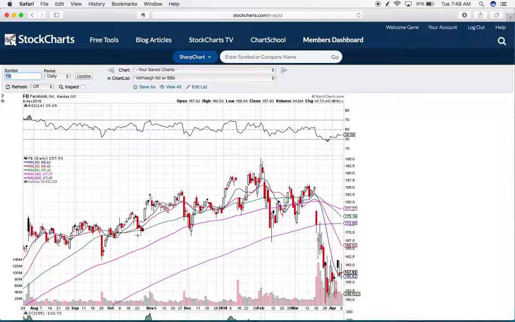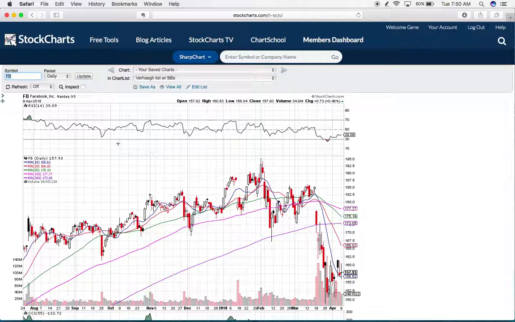You see how in the case of Facebook, it got near the 100-day moving average. It went through and bounced back through it here. And then Facebook has kind of crashed here lately with the whole news about the problems they're having with security and that kind of stuff. So moving averages are helpful. I definitely use them in my trading.